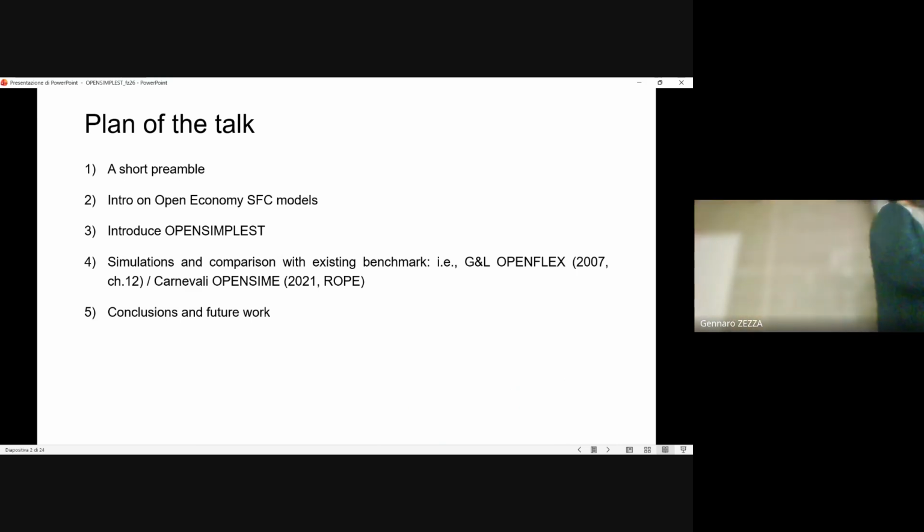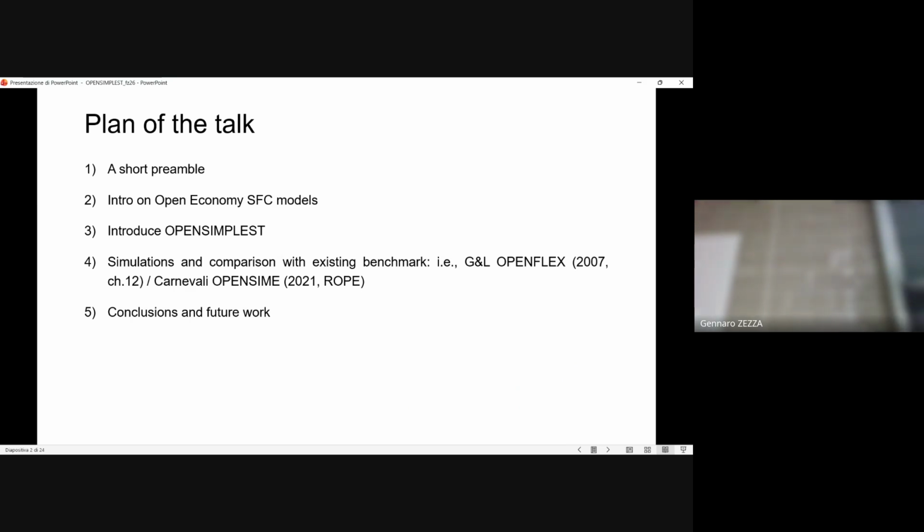I will give you a very short preamble just to let you know why I started thinking about this problem. And then I will very briefly give a short intro on open economy and SFC, I mean, the literature. And then I will introduce this very simple open economy model, which is, I think, the simplest model in the literature. And then I will show you some simulation results.